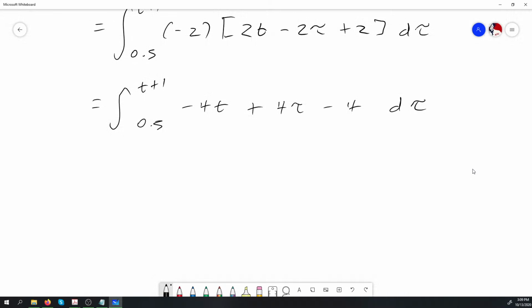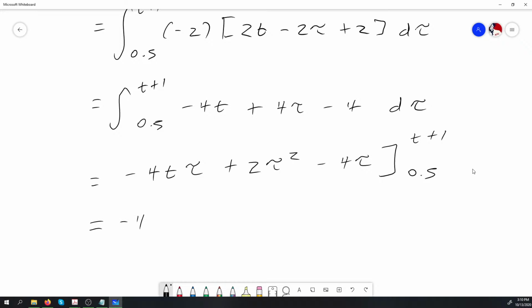And then we perform our integration here. So this becomes minus 4t tau plus 2 tau squared minus 4 tau in between t plus 1 and 0.5.